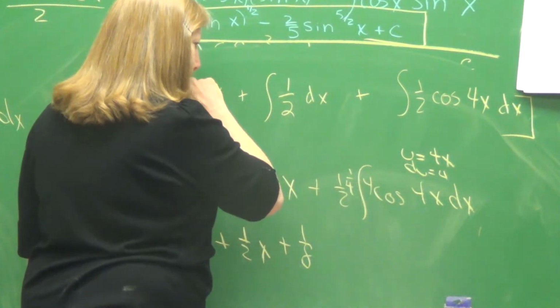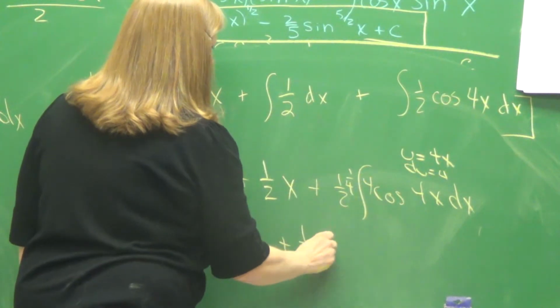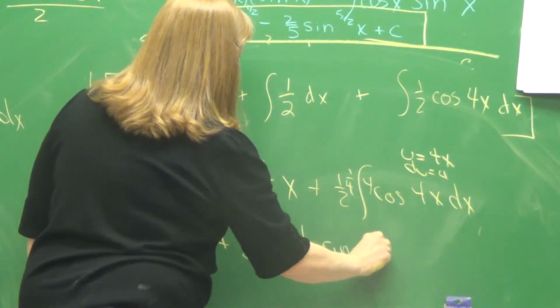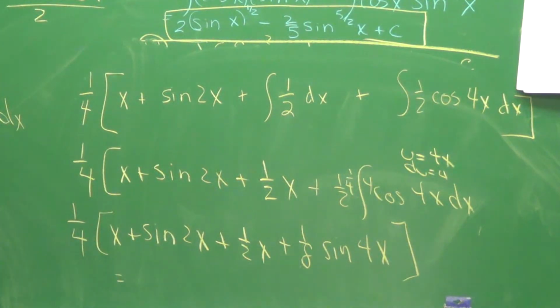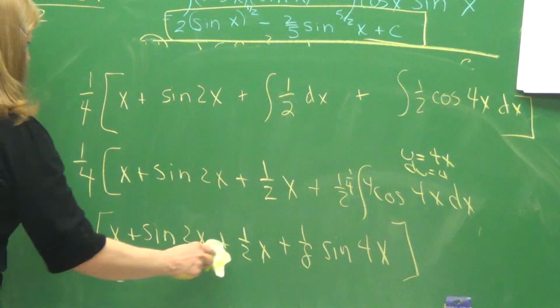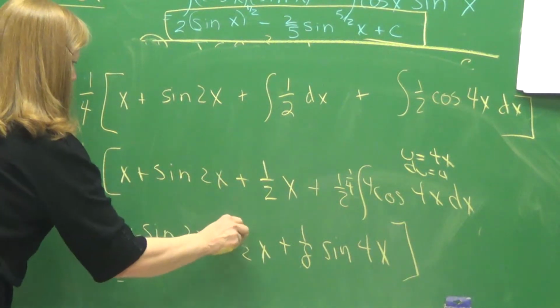Sine. So it is sine of 4x, and all that was still with the 1/4. Are there any like terms before I distribute the 1/4, Brendan? No. Wait, the 2 x's. Alright, so what's x and a half x? 3/2 x. Alright, so I'll just change that one to 3/2.